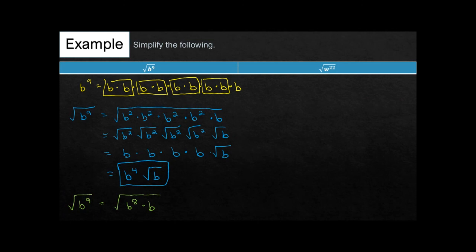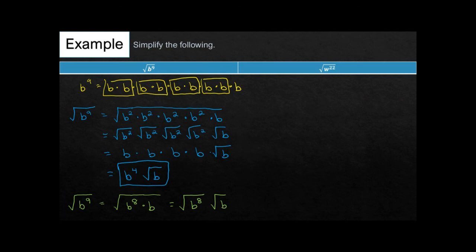So instead of splitting it up in pairs, I would split it up as something that I can divide by 2 and then whatever's left over. So 9 becomes 8 plus 1 more to give me 9. And then I have that b to the 8th power. And then I would separate my b to the 8th times my b.